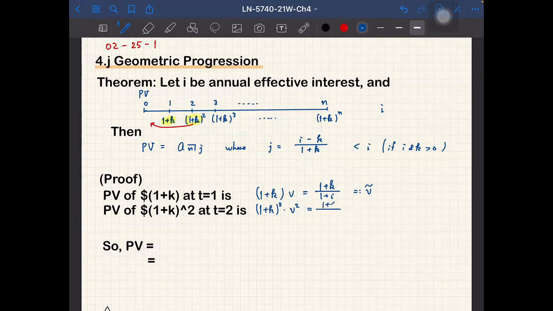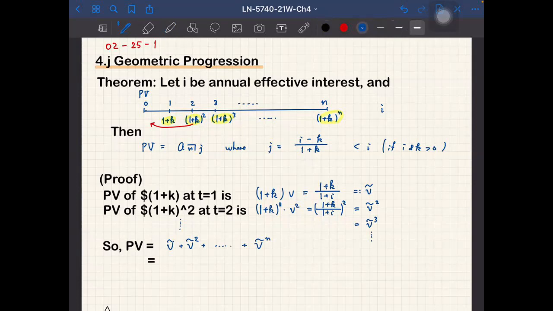So we can say this is 1 plus k over 1 plus i, the entire quantity squared, which we can write as v tilde squared. And you can imagine how this continues. If we evaluate the third one, this becomes v tilde cubed, and so on. So the present value is the total of these n payments: v tilde plus v tilde squared plus up to v tilde to the n.